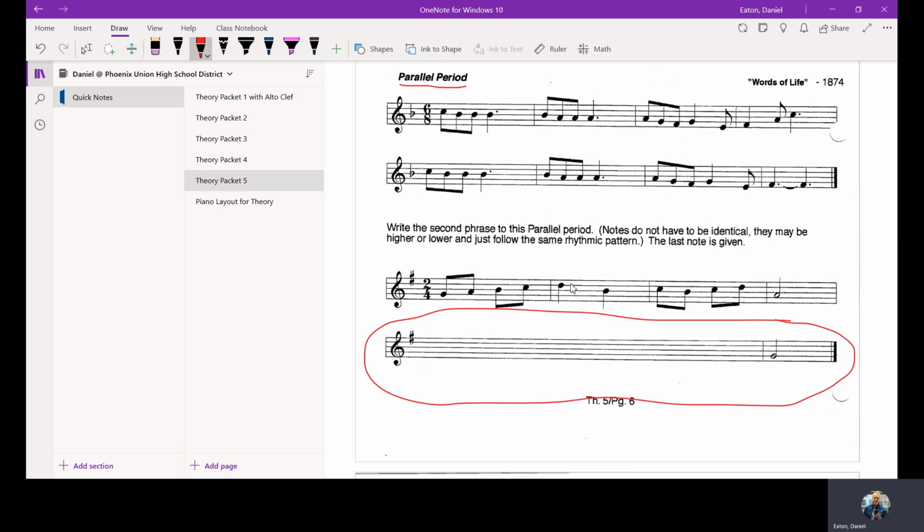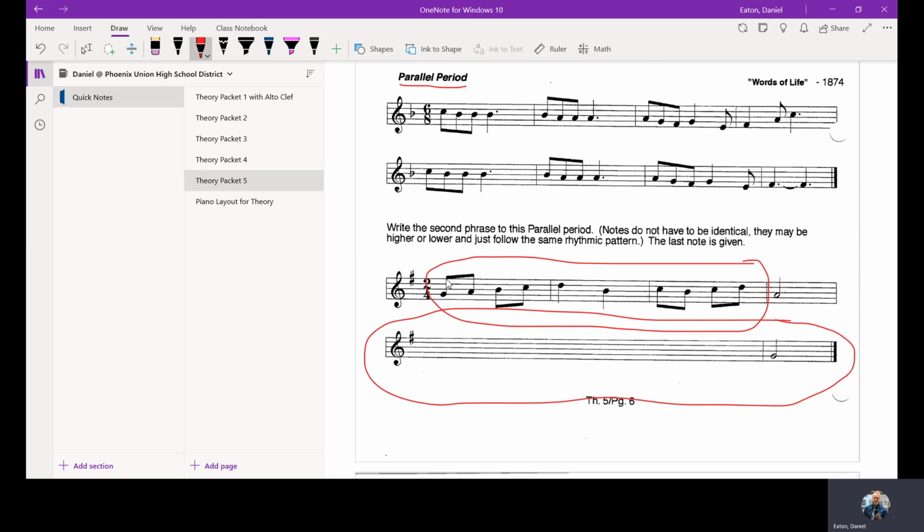What I will say for this part, since we're talking about parallel periods, is use this rhythm structure. You can copy this, note for note, straight down onto the line below that. That would technically be allowed if you wanted to just copy and paste this down to here. Or if you wanted to move it around, like it said, it doesn't have to be identical. It just needs to follow the same rhythmic pattern.